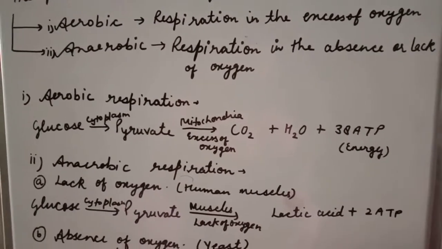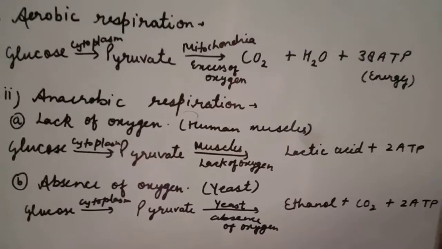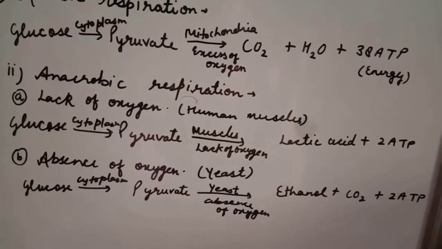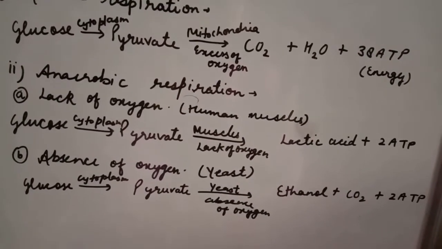Now if we talk about the anaerobic respiration, it is divided into two equations. One is in the lack of oxygen. Lack of oxygen कहाँ होती है? In human muscles, हमारे muscles में.